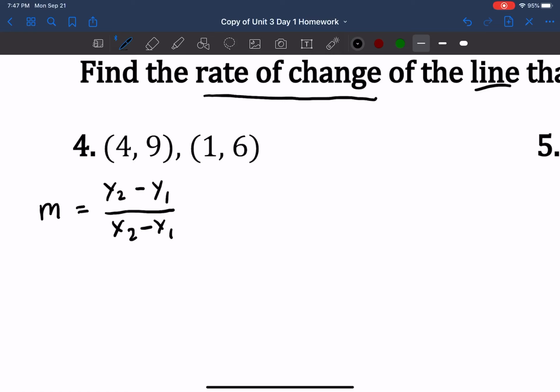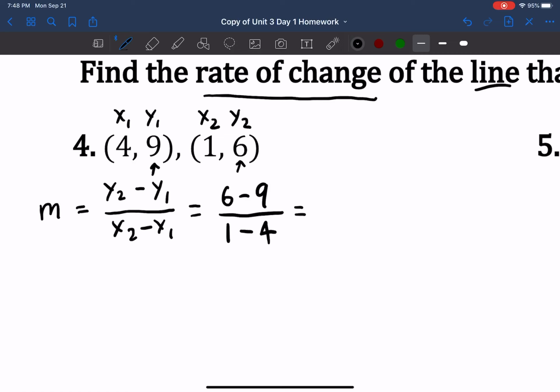So let's say 4, 9 is our x1, y1. And let's say 1 comma 6 is our second coordinate, x2, y2. Then I just plug in the values. So y2 minus y1 means my y2 is 6 minus my y1 is 9, over my x2 is 1 minus my x1 is 4.